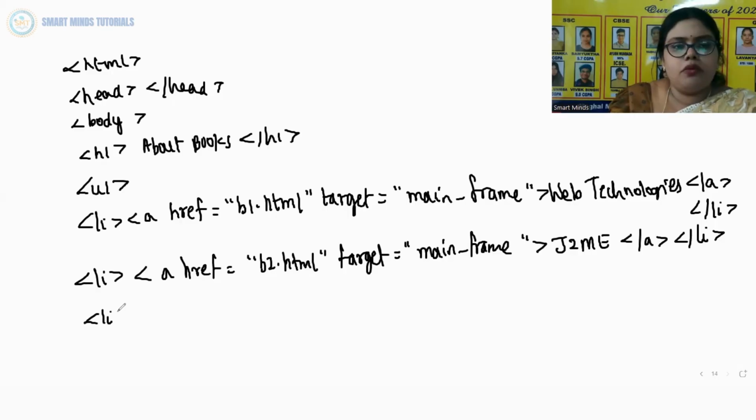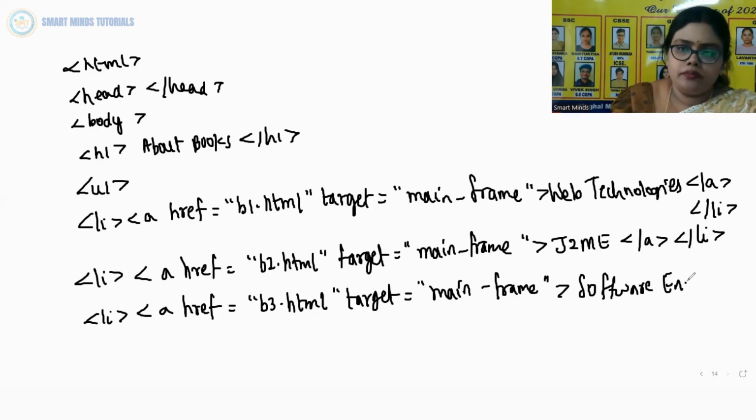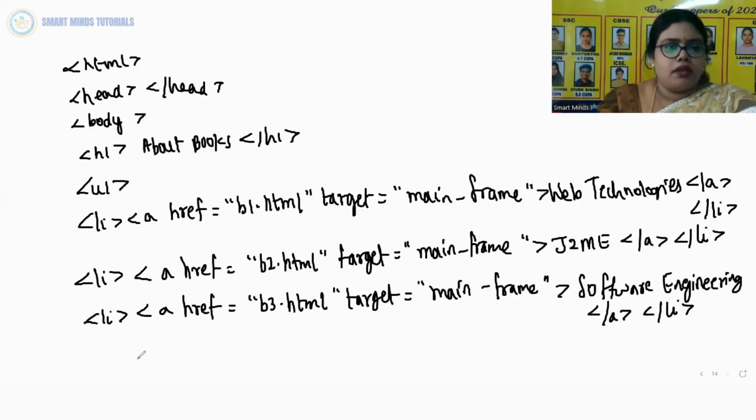Then we create one more list, again the same way: A href equals b3.html target equals main_frame, software engineering. Close the A tag and close the list tag. Now you close the UL tag and close the body tag, and at last close the HTML tag.